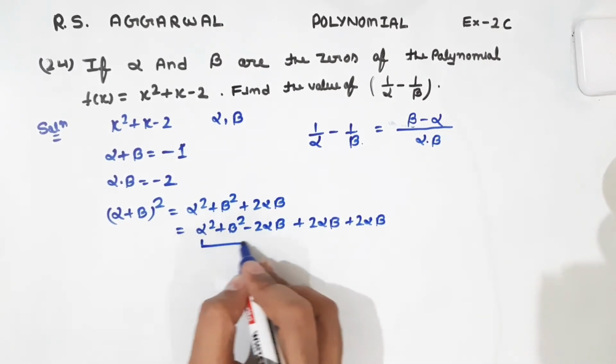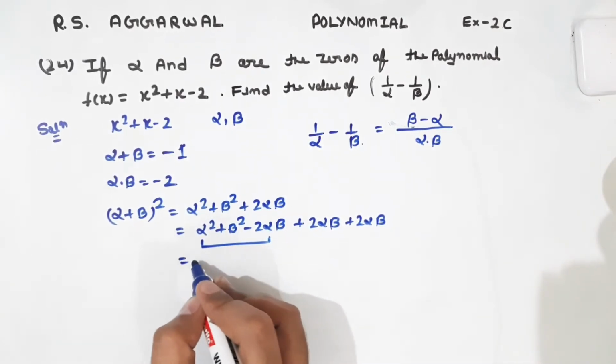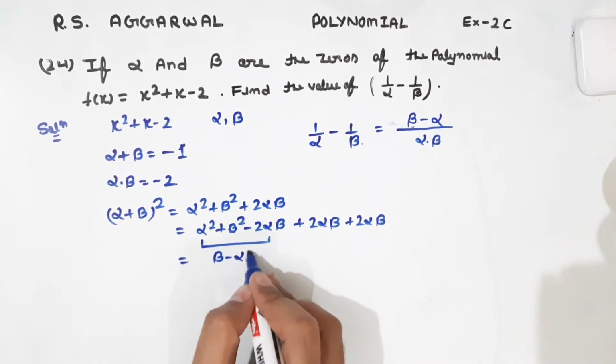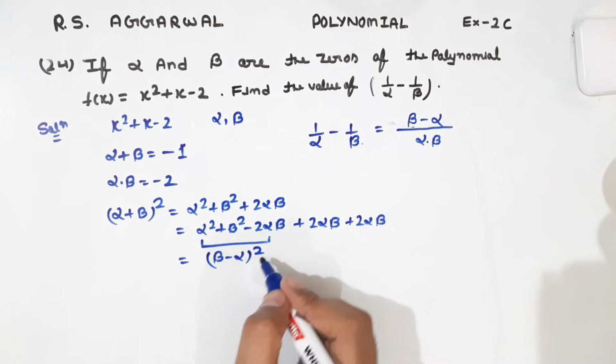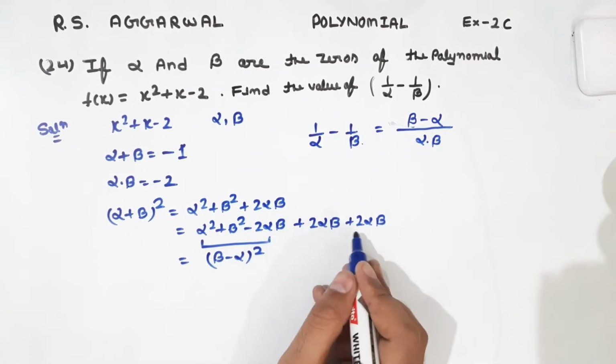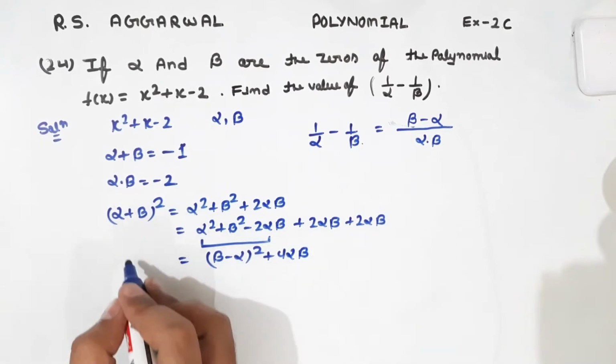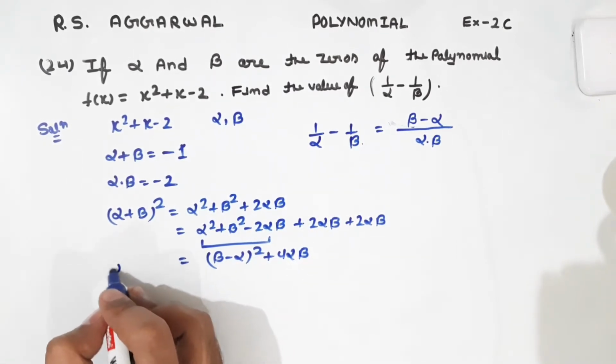So this will be equal to beta minus alpha whole square, and 2 alpha beta plus 2 alpha beta will be equal to 4 alpha beta, and this is alpha plus beta whole square.